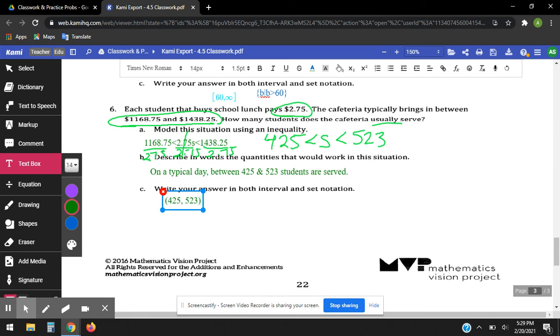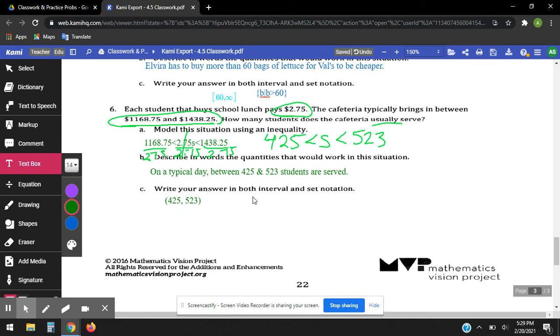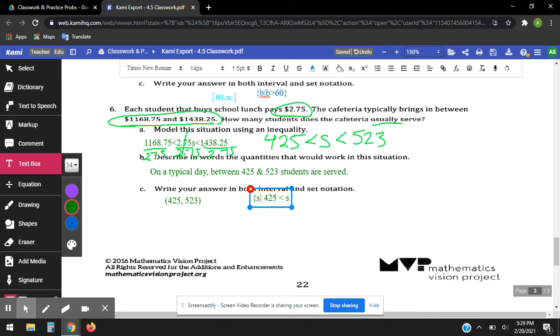Because it's not equal to either of those, but it's between those two. And then for set notation, we're going to have our variable S, and 425 is going to be less than S, which is also less than 523. And then we close our brackets.